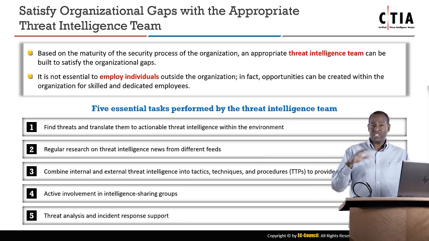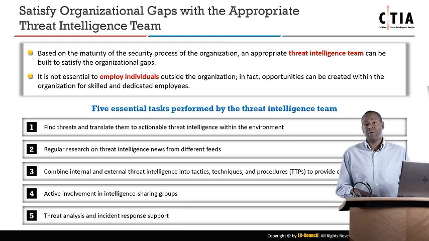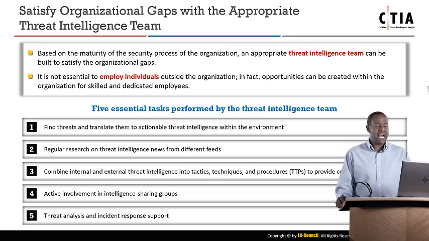So you're not necessarily going to have to go get contractors, but you can use and create opportunities within the organization to find skilled employees who are dedicated to your organization. Also, you may be able to take internal employees and train them up to be where they need to be to fill those roles.